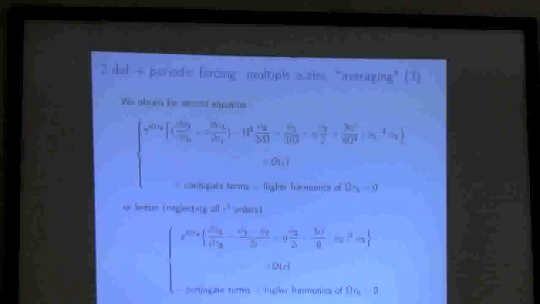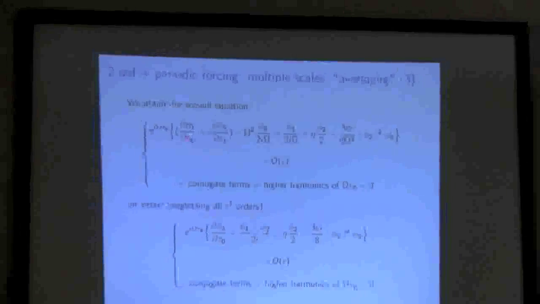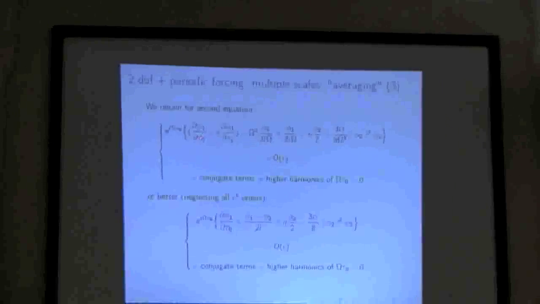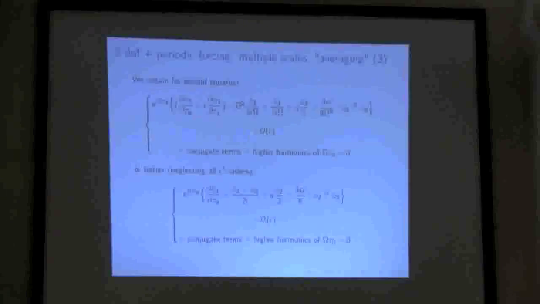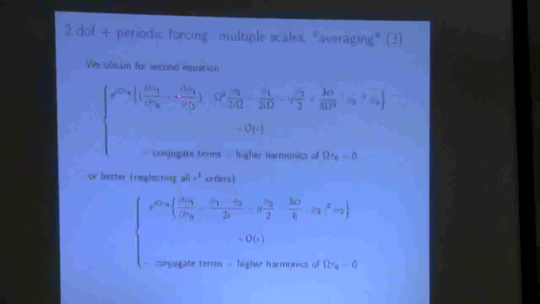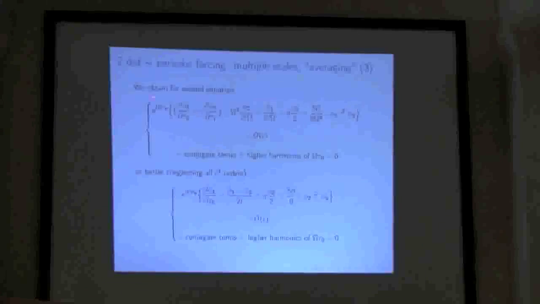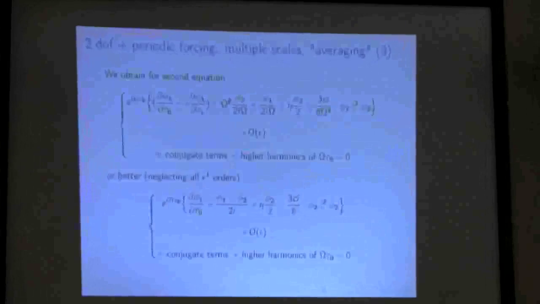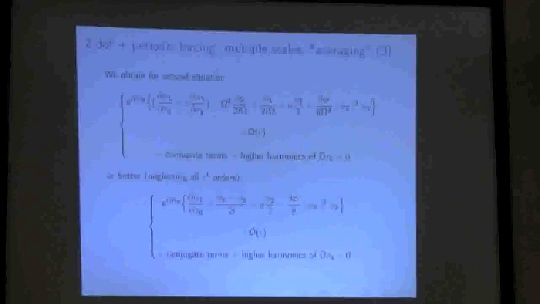So we can write what happens up to epsilon order. So we have this, and here I kept this term. So the equation can be written like that, plus conjugate terms, plus again higher harmonics of omega tau 0. And neglecting the epsilon 1 order, I obtain this relation plus conjugate plus higher harmonics of tau 0.